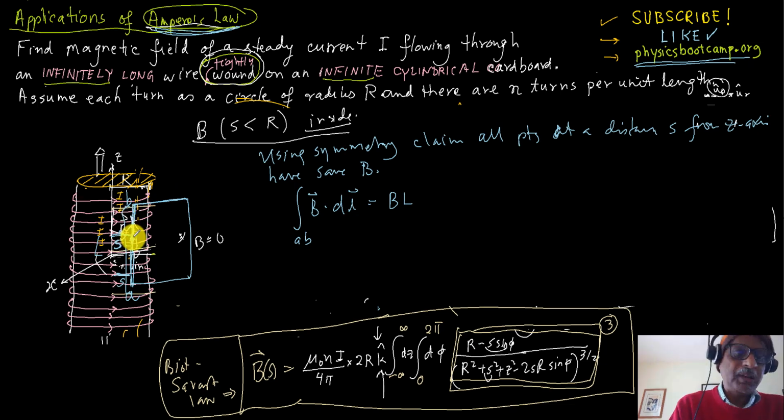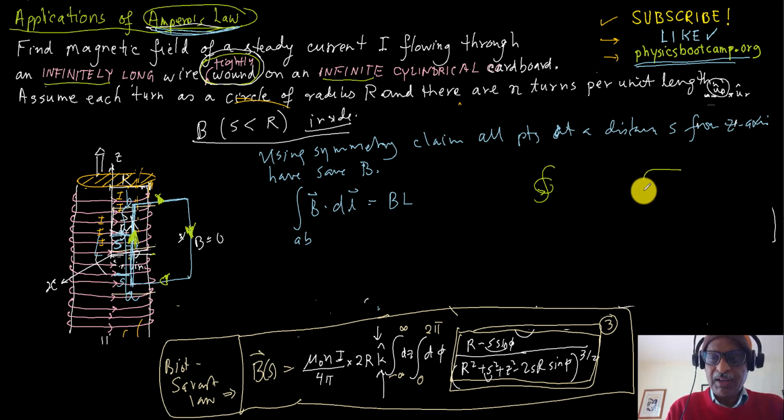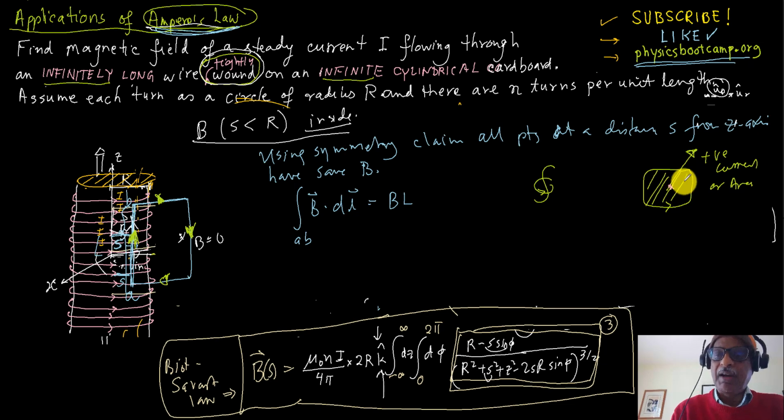So if I go this way, and this way, and this way, then if you look at the orientation, the loop orientation, if you remember, has to be such that if I go around the loop this way, then that direction is positive current or area direction, like coming out.